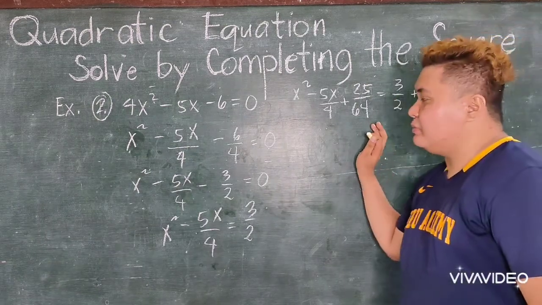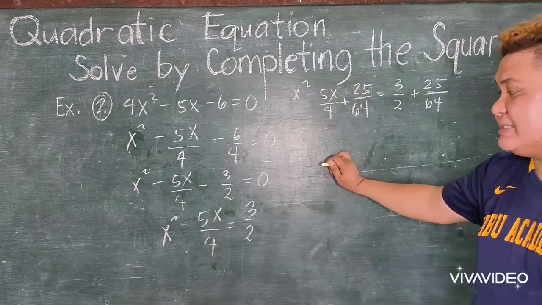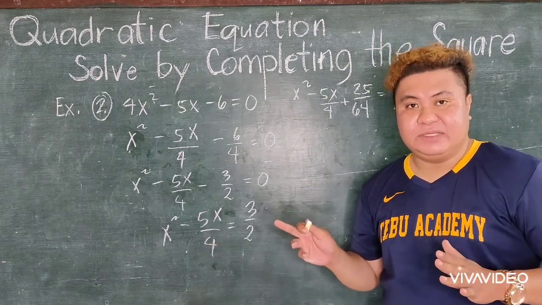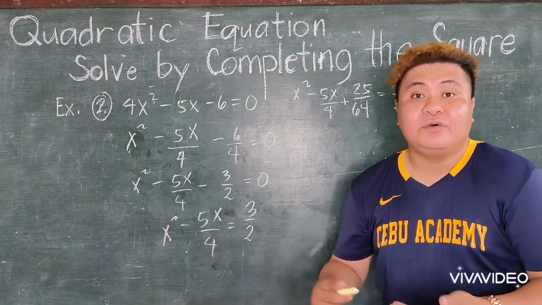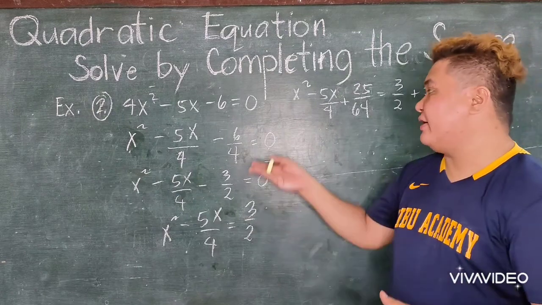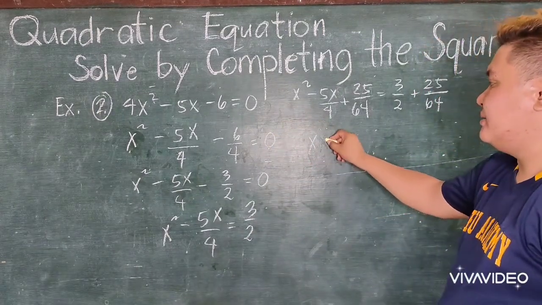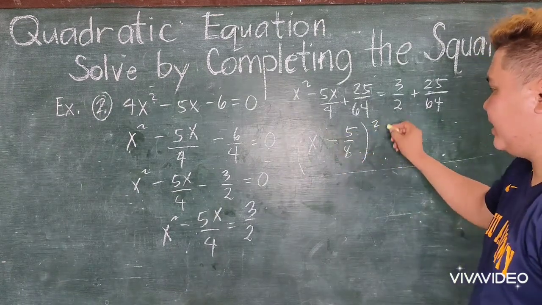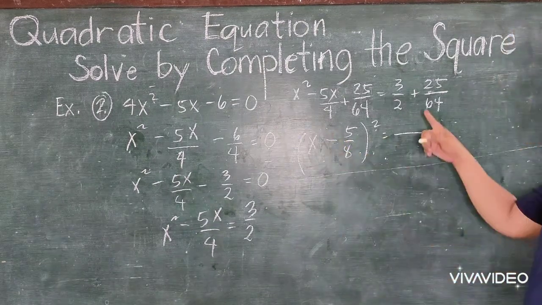And then we factor the left side. Since we got 5 over 8 squared, it is now a perfect square trinomial for this equation, so we can write it as x minus 5 over 8 squared equals, and we also solve the right side.